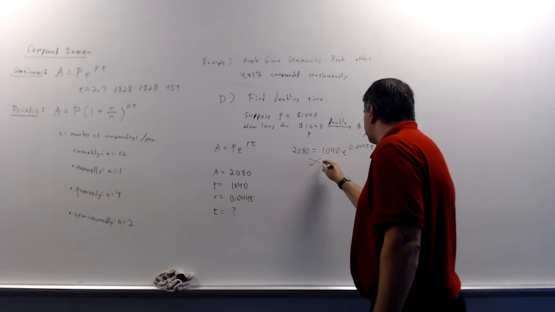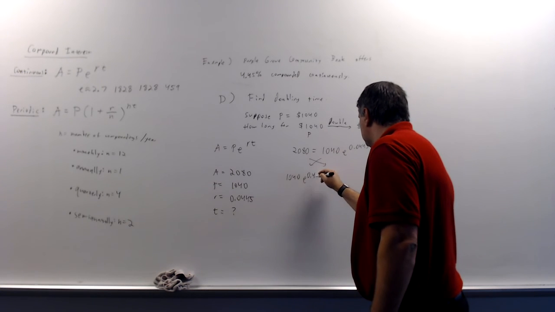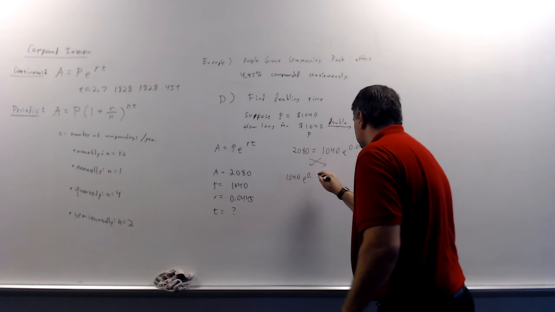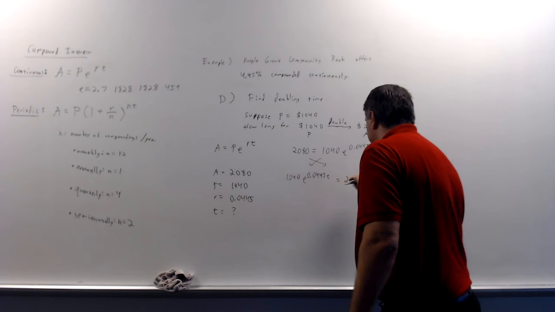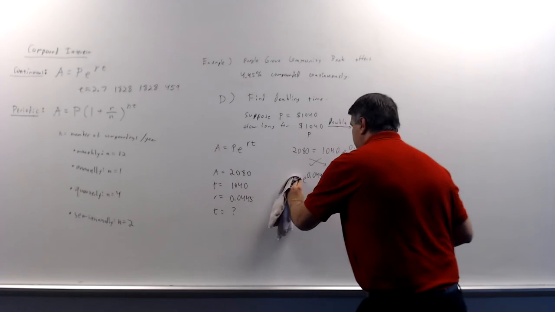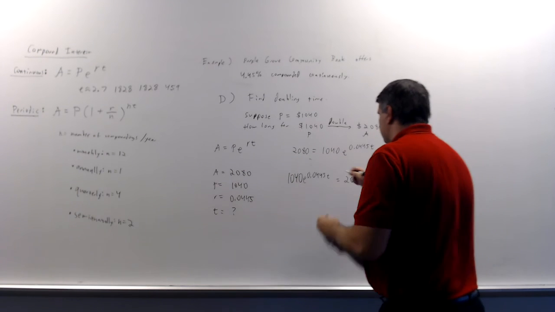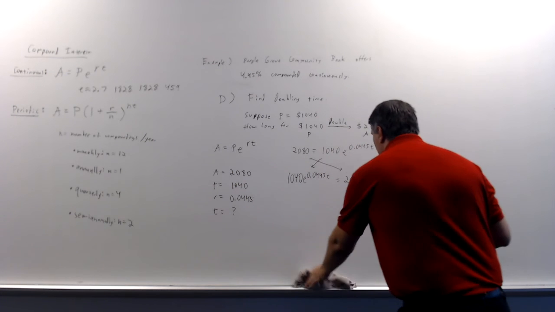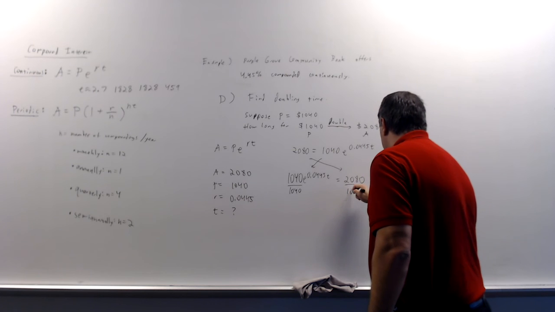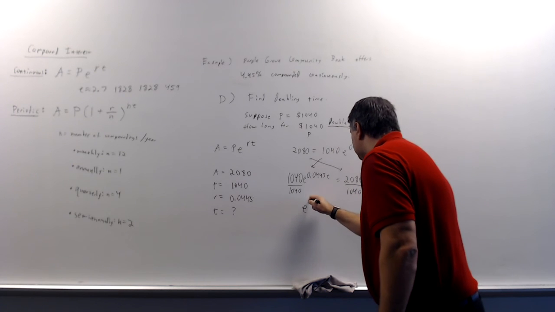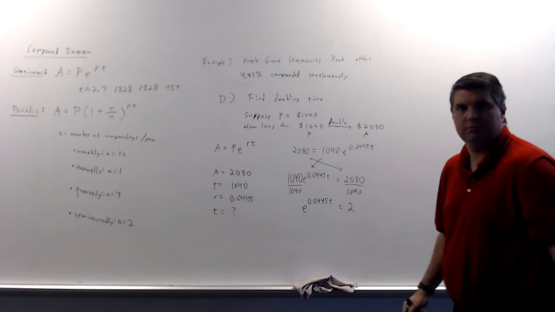So I propose to switch the sides and divide. So divide this off, and we have e to the 0.0445 t power equals 2.